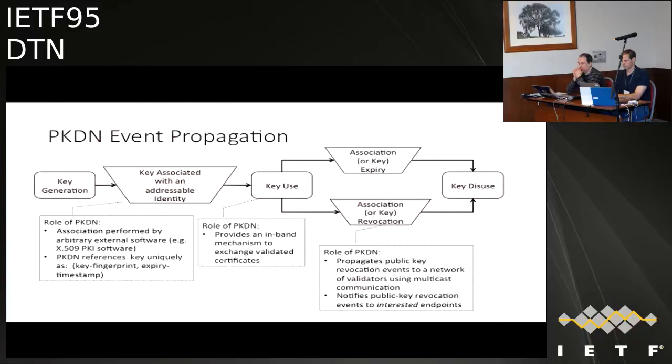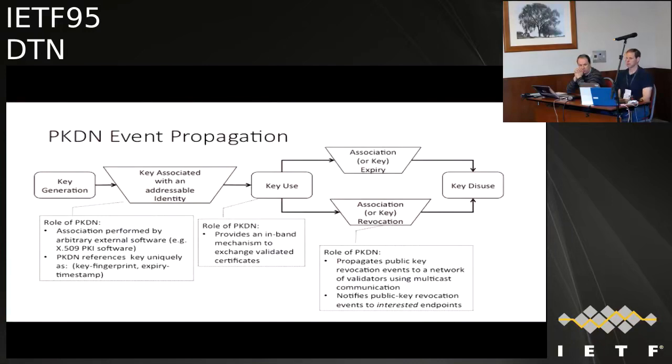Once that event has happened, the key can be used in the system. That's the key use block. And this continues until one of 2 events happen: either the association has expired, in which case the key goes to disuse, or the association has been revoked, in which case also the key goes to disuse.